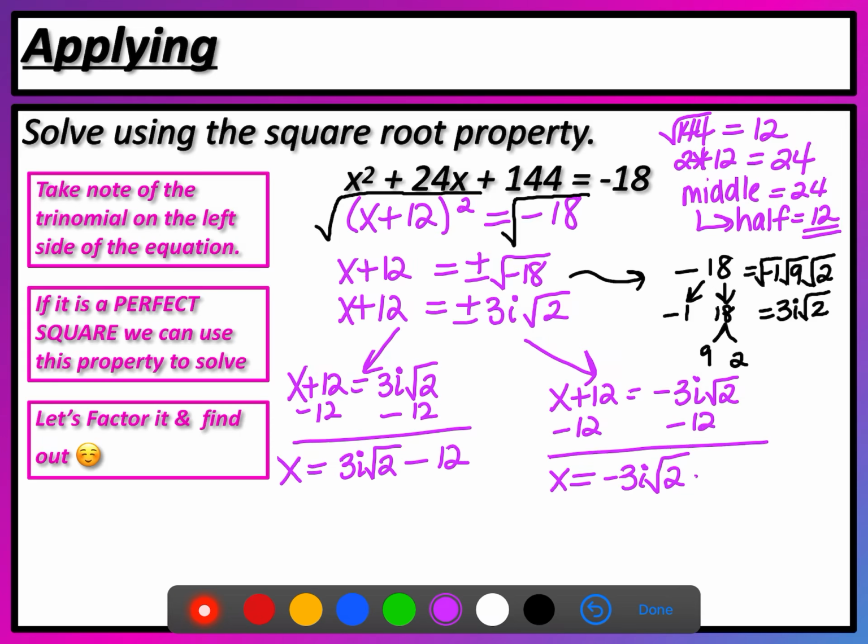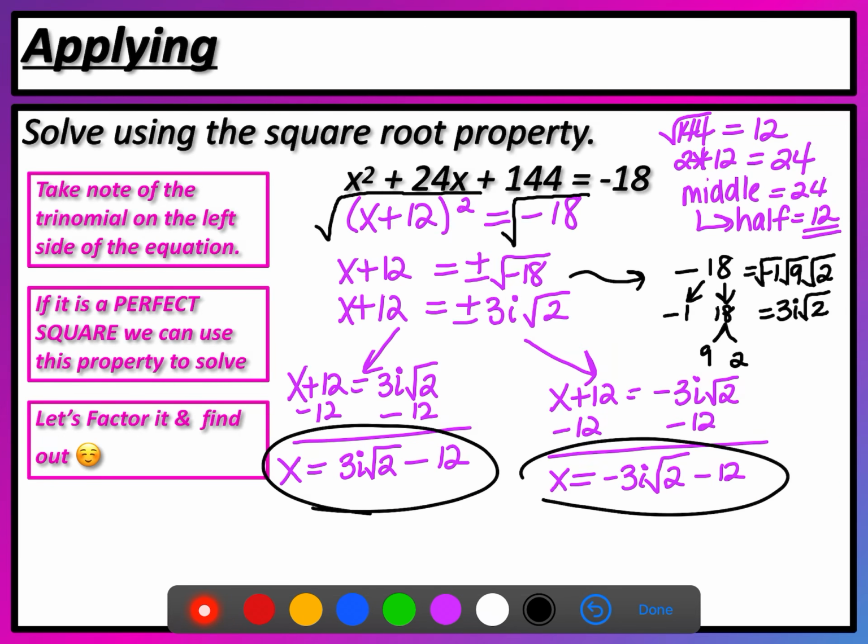Think of them as if they are different variables. You know you can't put together two different variables. The fact that it's a radical makes you unable to combine them. Right, and those are our final answers. Definitely a much more complicated example here with that negative 18 under the radical. Okay, there's a lot of steps.